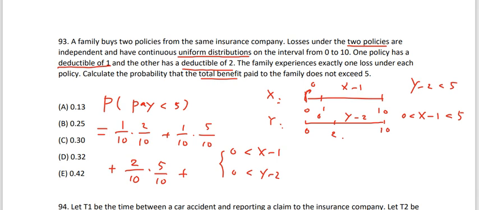In this case, the payment is x minus 1 plus y minus 2, and this must be less than 5. So we need to find this part.